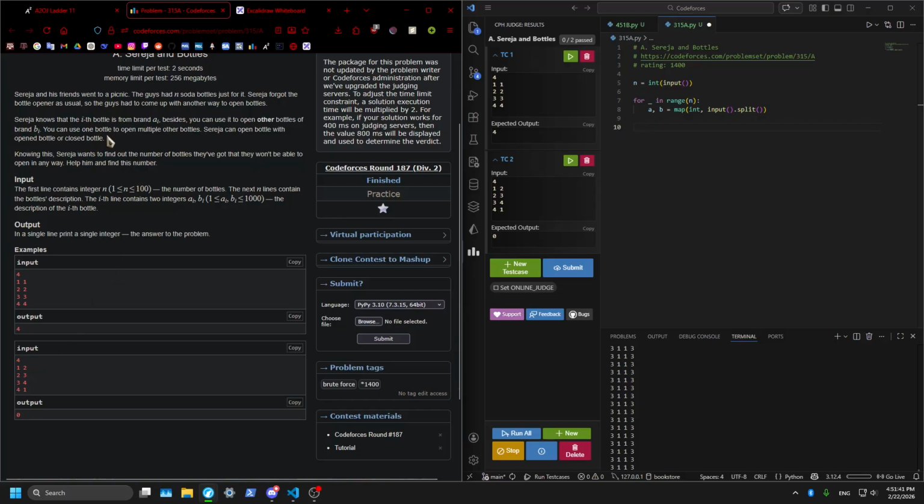So this is A1, A2, A3, A4. You're going to use it to open B1, B2, B3, B4. Number of bottles that they won't be able to open in any way. So they can't open 4 bottles.